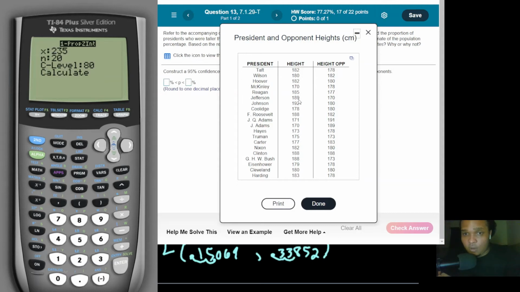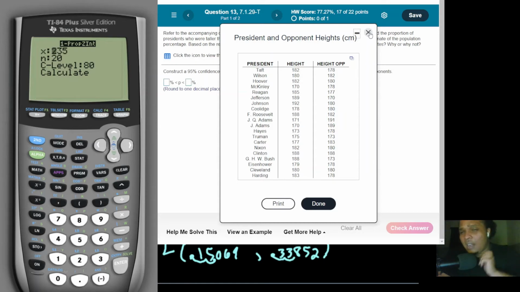This person is taller. That's 4, 5, 6, 7, 8, 9, 10, 11. So we have 11 that were taller.